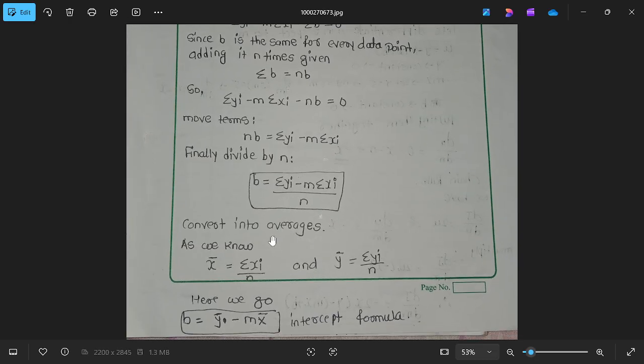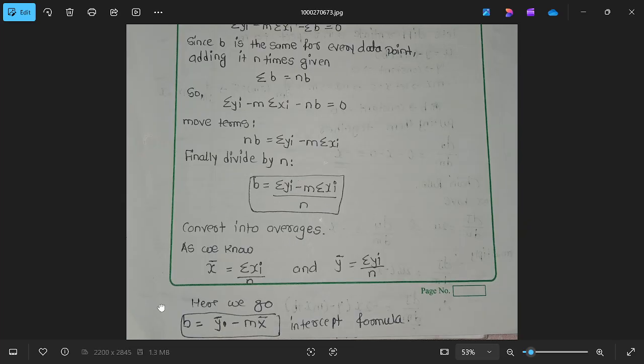As we know, what is the x bar here? X bar is the summation of x divided by the number of records. So we can say this summation of x divided by n becomes x bar, and as the y bar is the summation of y divided by n, we can write this formula like this.